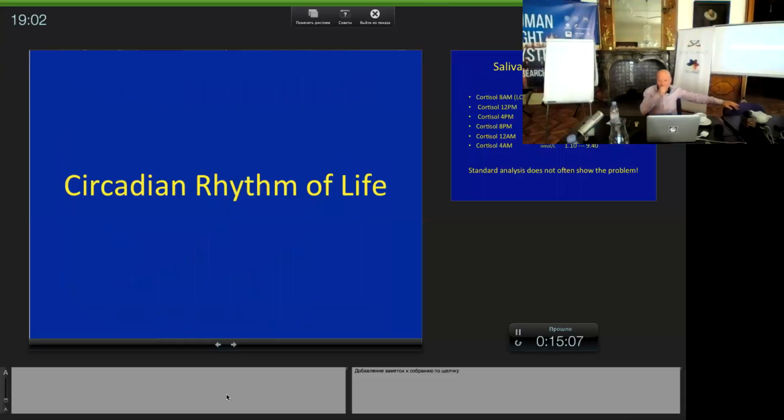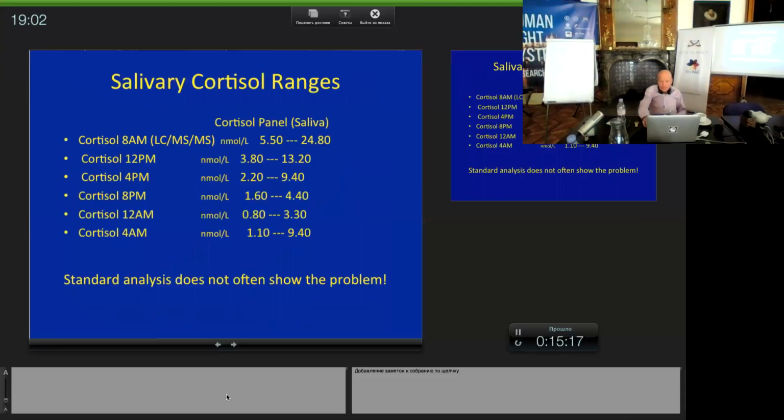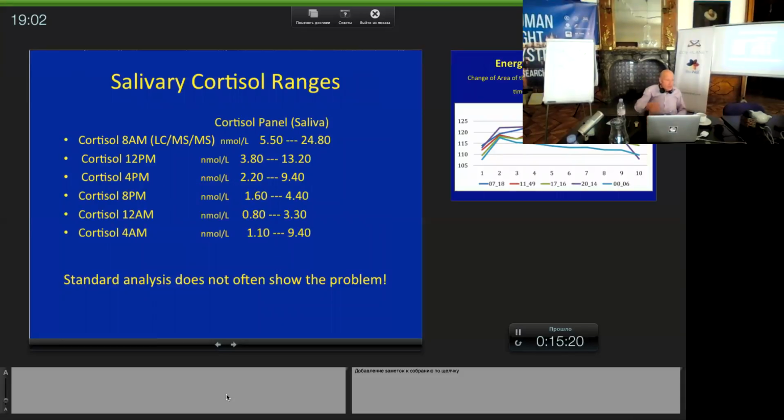And another topic that we need to keep in mind is the circadian rhythm of life. It's another important topic. And we can measure it by cortisol. So we need to have a circadian rhythm of cortisol.